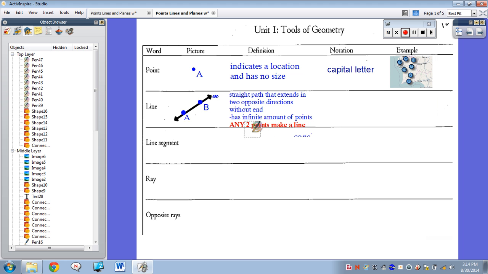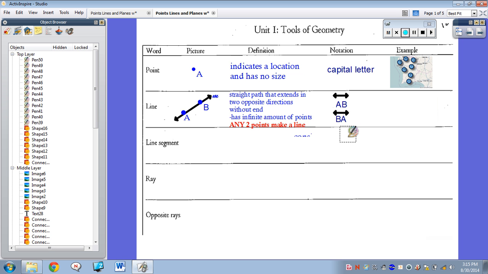The notation for a line: you notice you have your 2 points, or you have this script lowercase m up here. So one way to notate a line is you could say it's line AB, putting this symbol above. You notice how it's got 2 arrows on either side, saying that from point A it goes forever this way, and from point B it keeps going forever that way. You can also call this line BA.